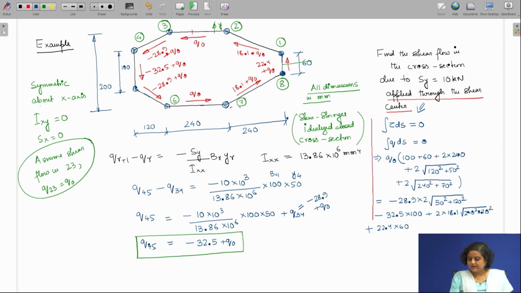Now, if we calculate this, Q0 is going to be 0.264.